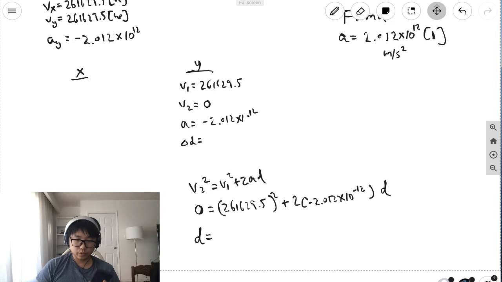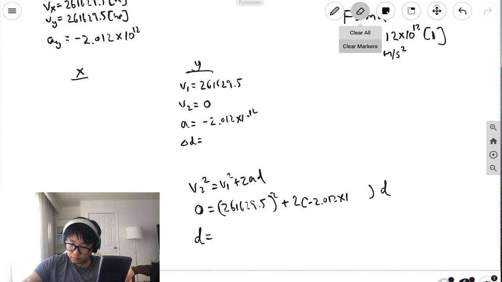Yeah, that's really high. I think we messed up a negative. So, oh, here's why. It's not a negative 12. That's why. It's a positive 12.